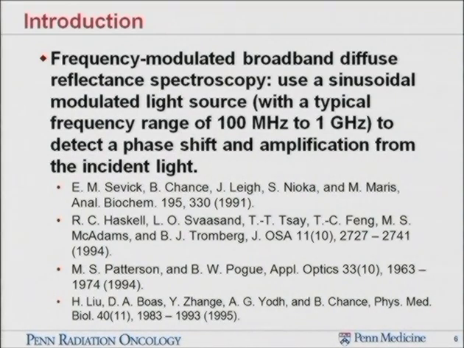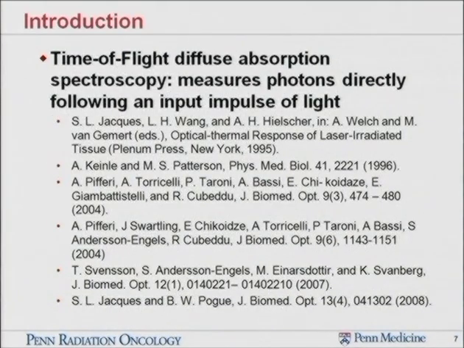And that allows one to determine these optical properties using even one separation. Several groups have done that, including Bruce's group, Britton Chance's group at Penn, and of course Brian Wilson's group. Here is some more recent measurement.